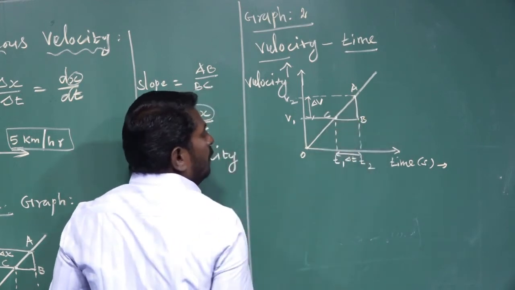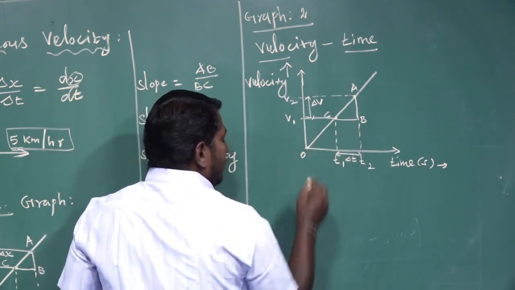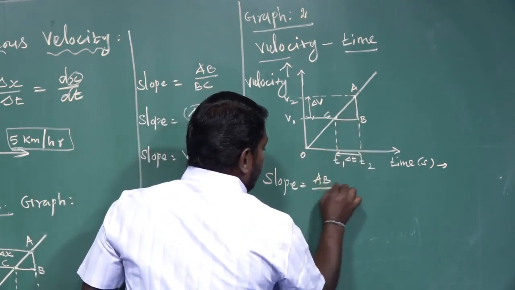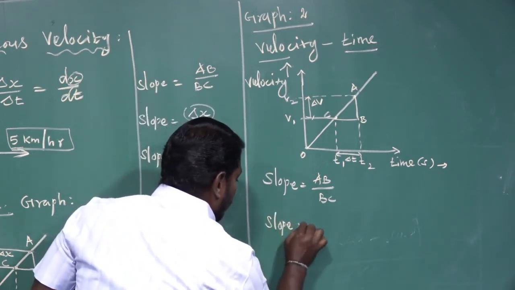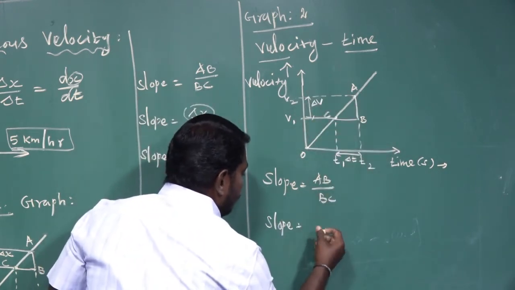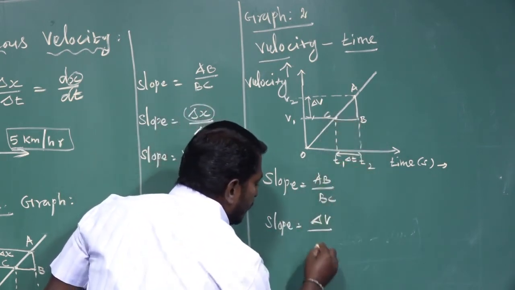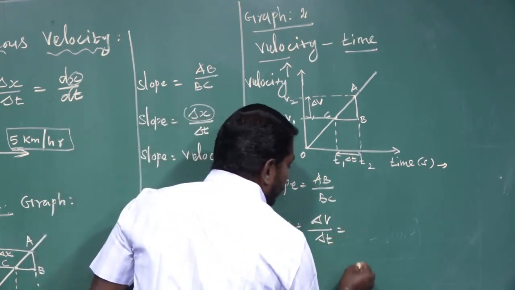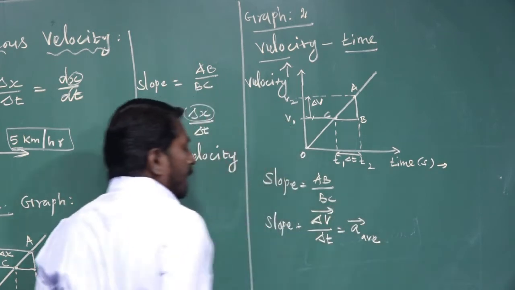With points A, B, and C in the velocity versus time graph, we take the slope, which is equal to AB divided by BC. AB is the change in velocity, and BC is the change in time interval. So the change in velocity divided by the change in time interval is equal to the average acceleration.